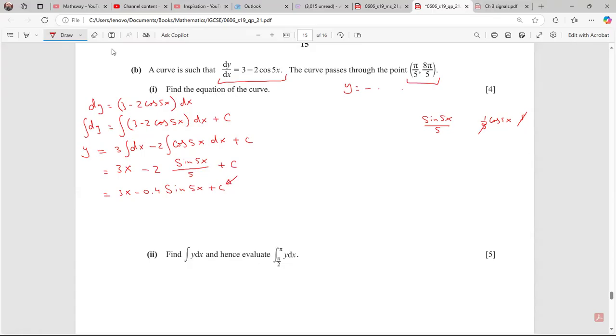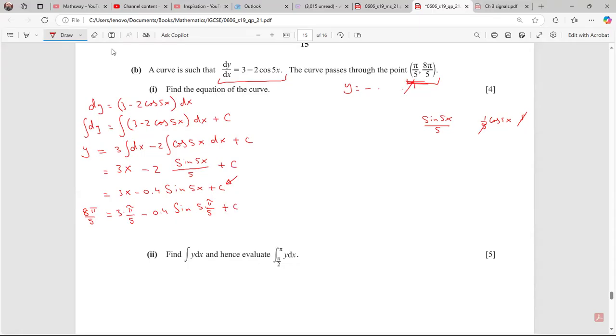I can evaluate that using the condition that my curve is passing through this point. It means when x is pi by 5, y is going to be 8 pi by 5. So 8 pi by 5 equals 3 times pi by 5 minus 0.4 times sine of 5 times pi by 5, plus c.